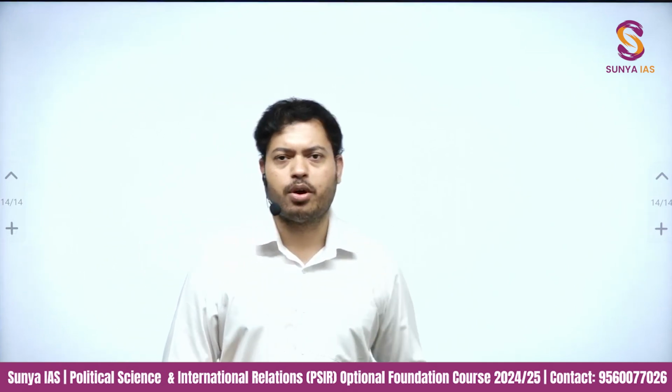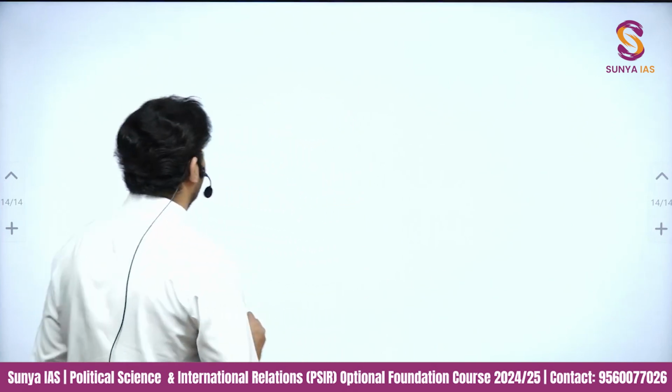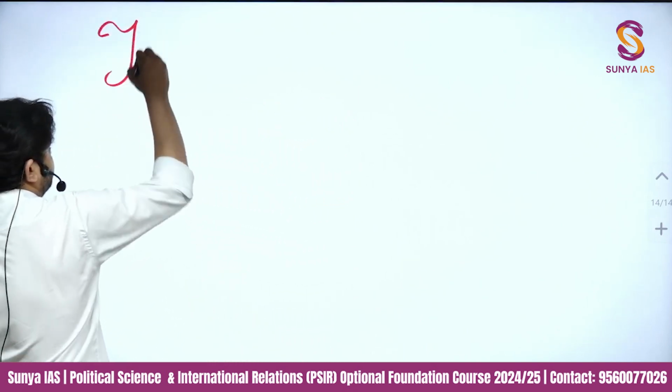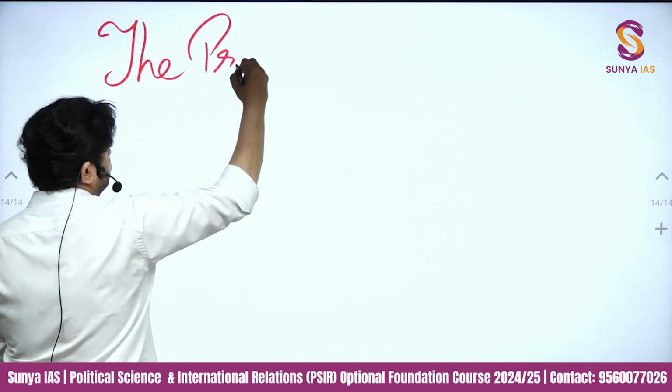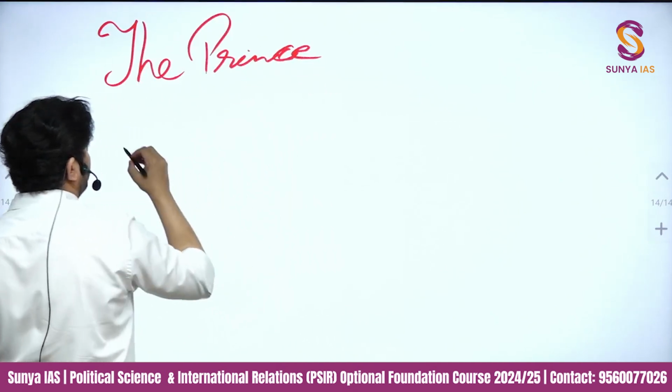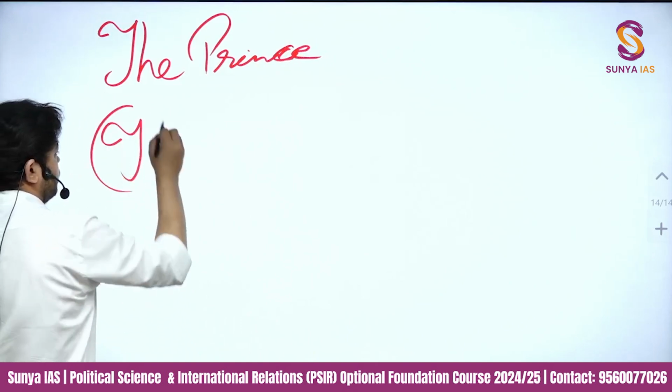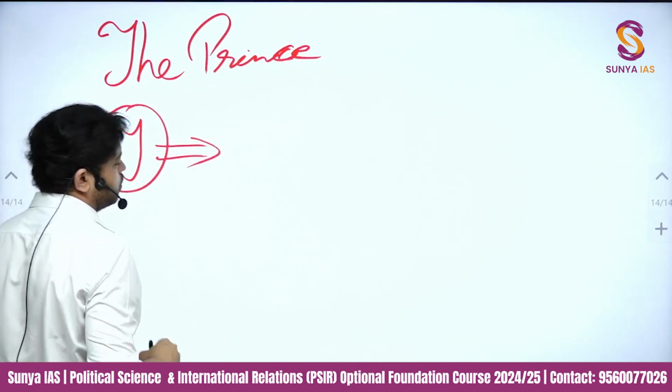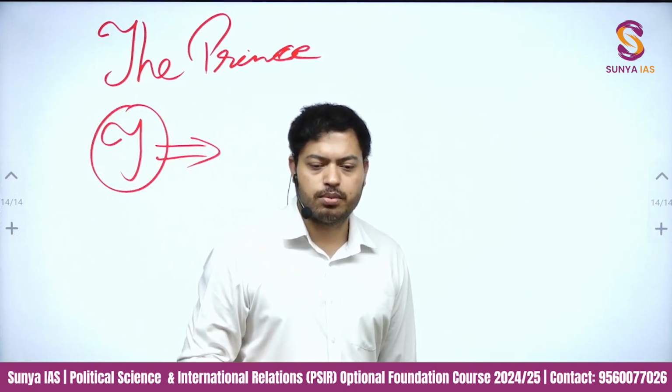Now let's talk one by one about all three approaches, basically now six categories. Let's take the text The Prince and apply the textualist approach on it. As per the textualist approach, what will you say about the book?